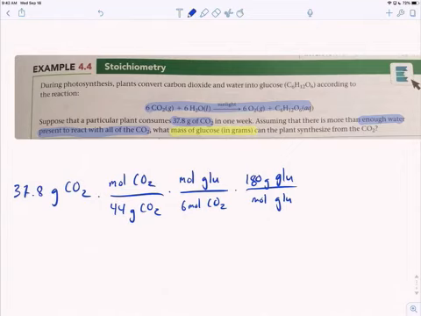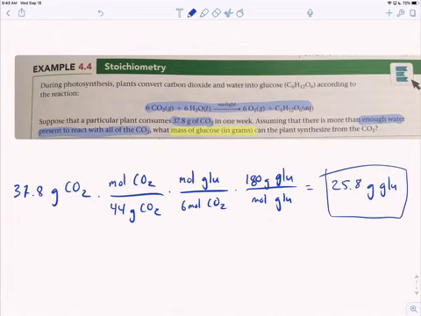I'll go ahead and calculate it out. I could look in the book, but I'm feeling ambitious. 37.8 divided by 44 divided by 6 times 180 equals 25.8, with 3 sig figs. 25.8 grams glucose.